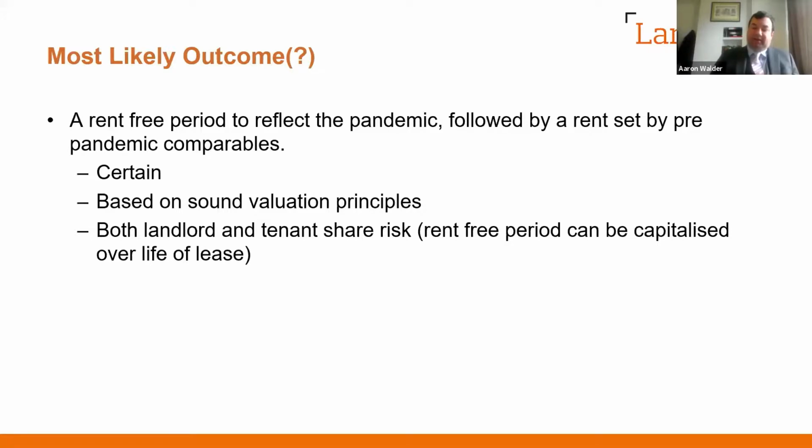In other words, the pandemic is just seen as a blip that is capitalised as a rent-free period to reflect the fact that property either can't trade or can trade but has limitations on how it can trade, or is trading but has a lower footfall, for example. But the headline rent is set by reference to pre-pandemic comparables.